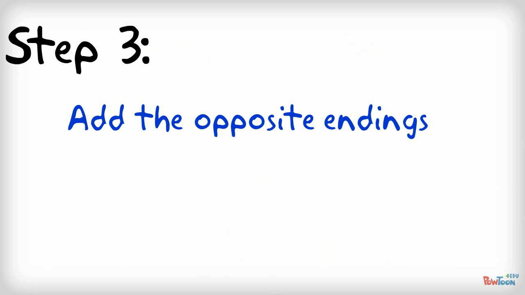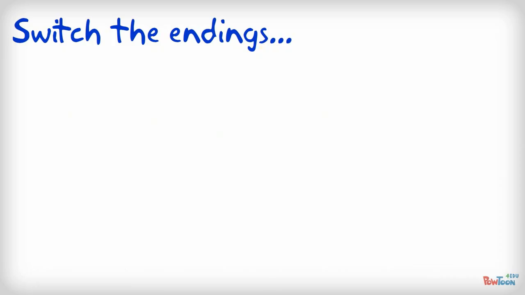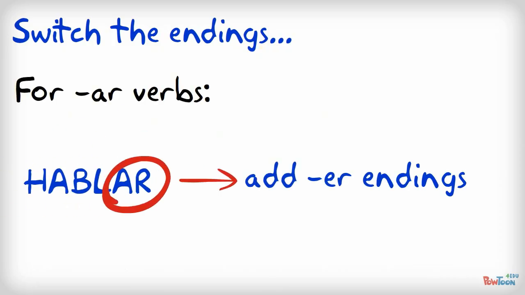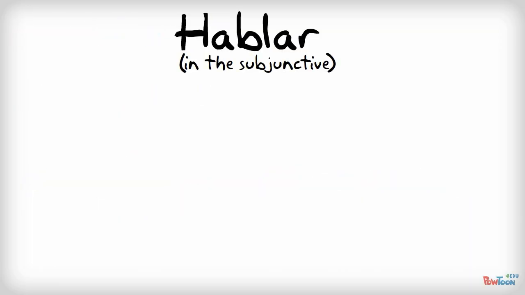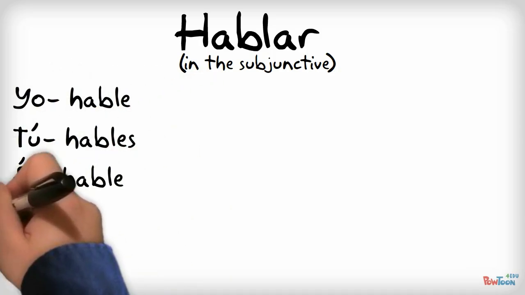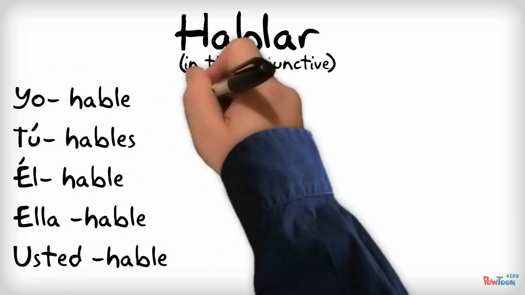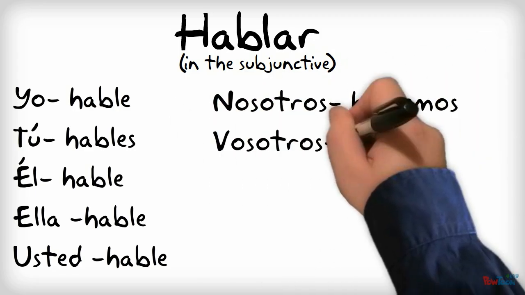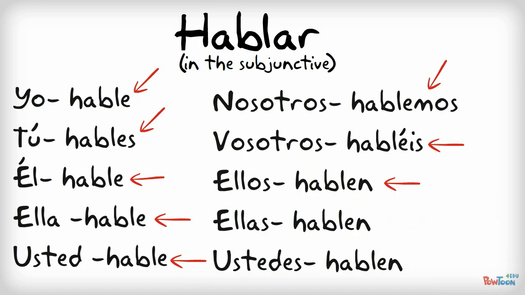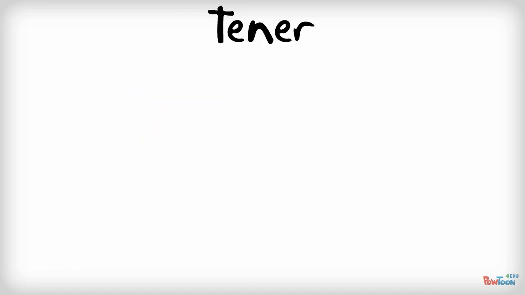This means if your verb is normally an AR verb like hablar, then when you conjugate, you just add the ER endings. So your conjugation chart would look something like this. Do you see where we swap the endings? Why don't you give it a try for yourself by using the verb tener?